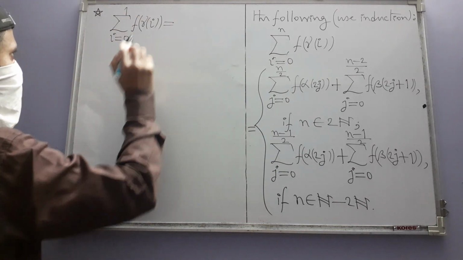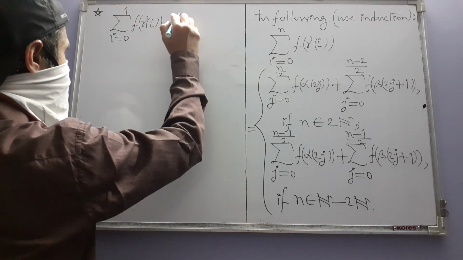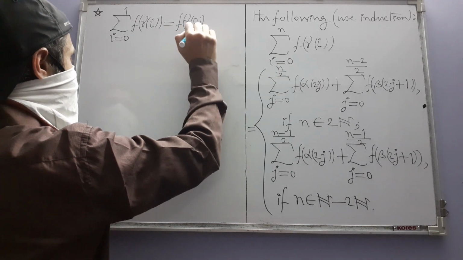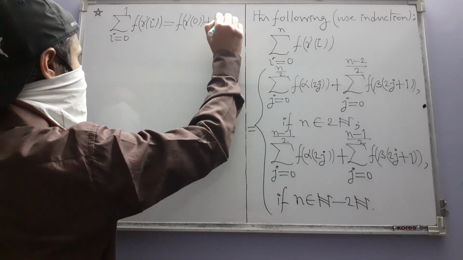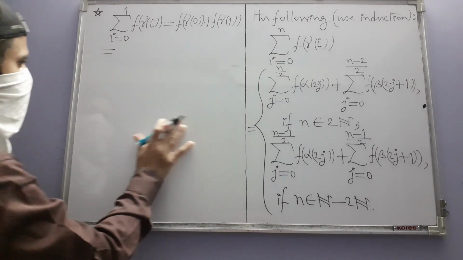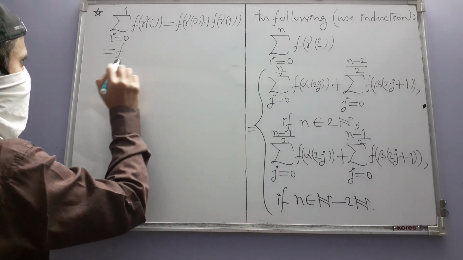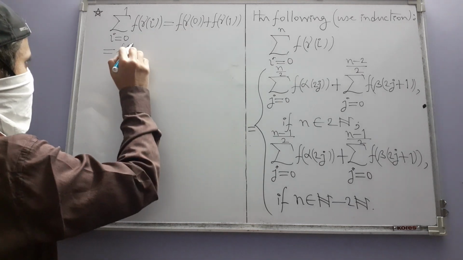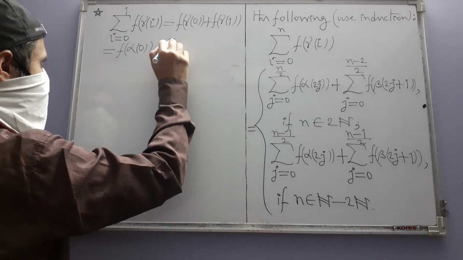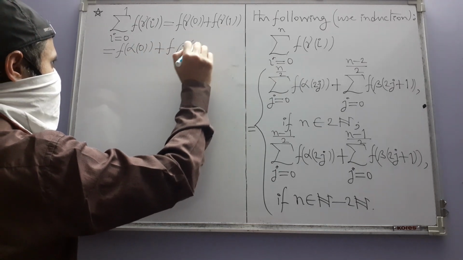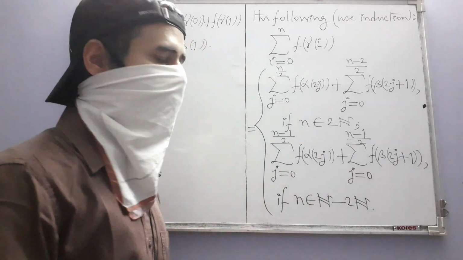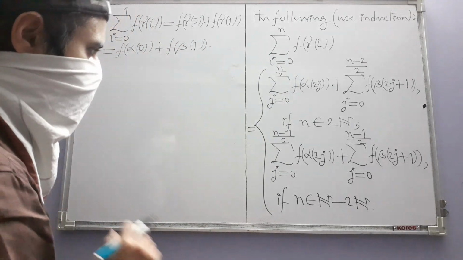Then unlike the previous case, here we have two terms, f of gamma of 0 plus f of gamma of 1. Now we apply the definition of gamma. Because 0 is even, gamma of 0 is alpha of 0, and 1 is odd, so beta of 1.